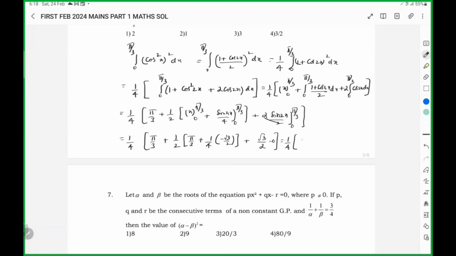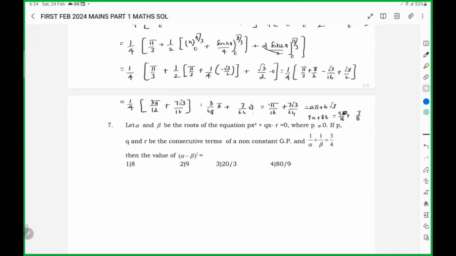So 1 by 4 pi by 3 plus pi by 6, minus root 3 by 16, plus root 3 by 12, 3 by 4, this is 6 pi by 12.